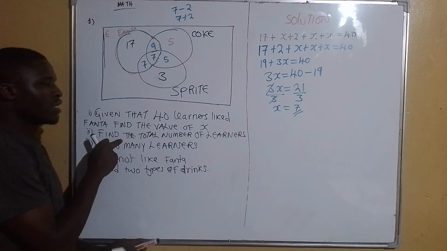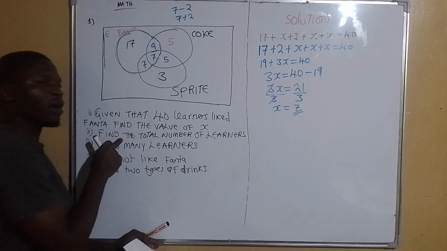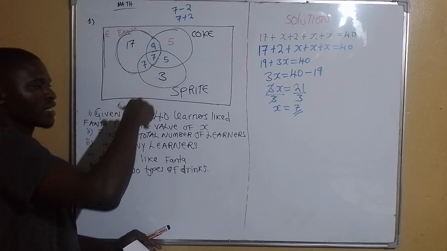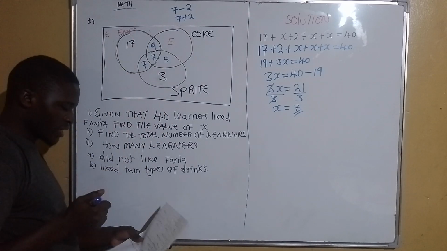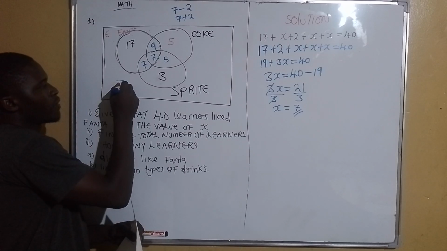Now from there, the other question is they want us to find the total number of learners in this class. So there is also 7 here in the universal set.